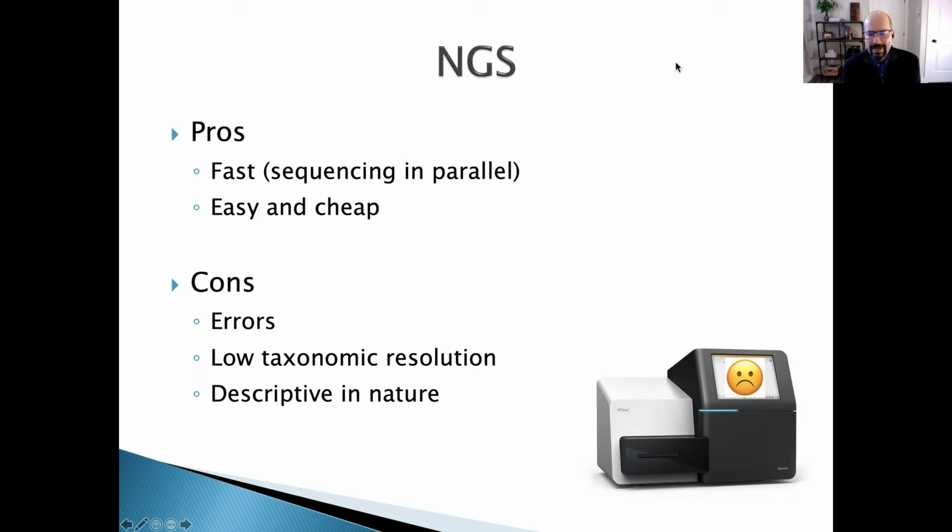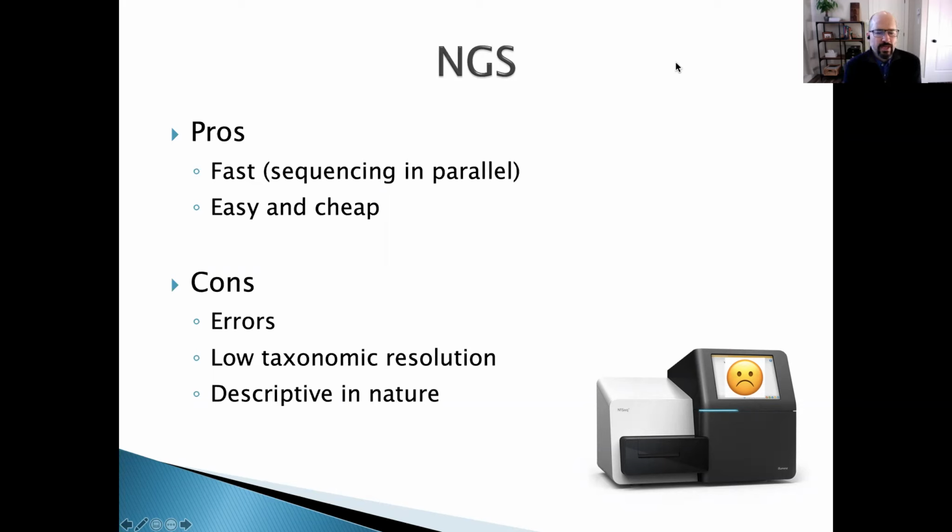We call that massive sequencing or high throughput sequencing because it really yields a lot of results, a lot of DNA reads. So it's very good because it's fast, cheap, easy. The machines are really compact now. It fits anywhere in your lab.